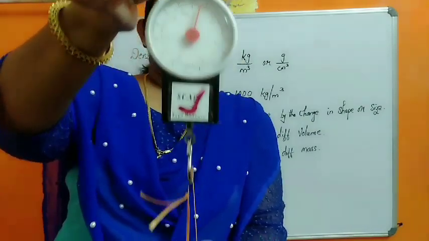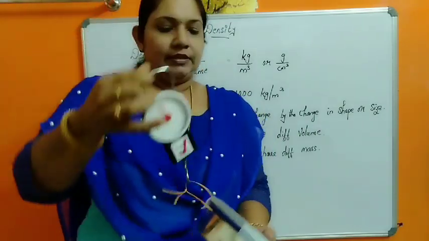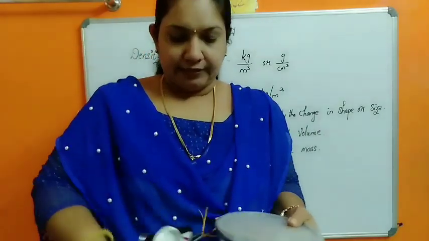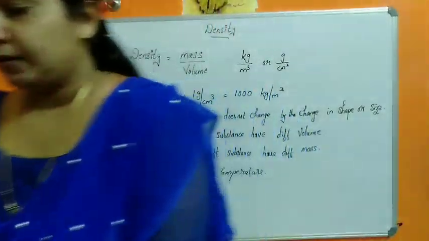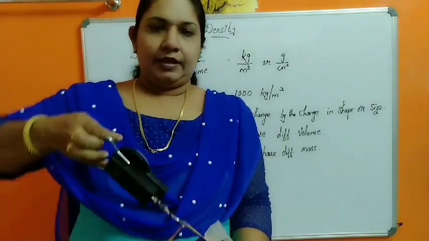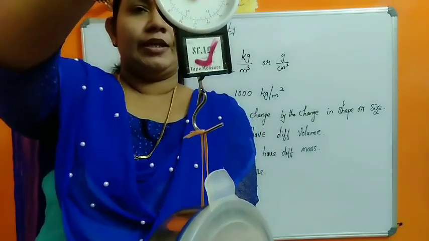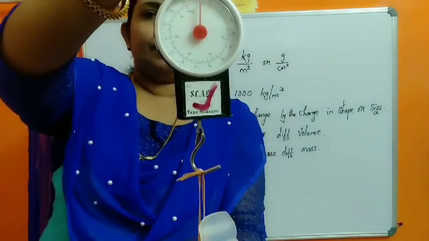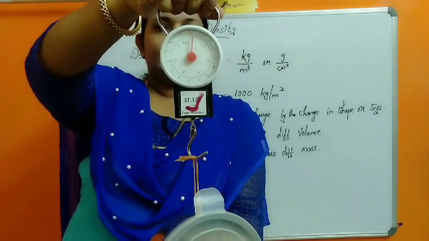So the first one is around 1 kg. This is metal. Second one, I will show you how to measure the pulses. The same way I am going to measure the pulses, and it is almost around 1 kg. Can you see the reading? It is just 1 kg.